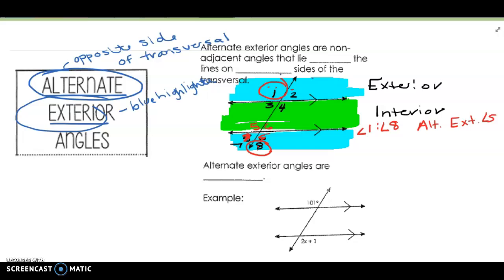Okay, and there's one more pair. Can you guess what other pair there is? Angle 2 and angle 7 would also be a pair. Okay, and the reason they're a pair is because they're on opposite sides of the transversal and they're in the exterior portion of the parallel lines. They're outside of the parallel lines.